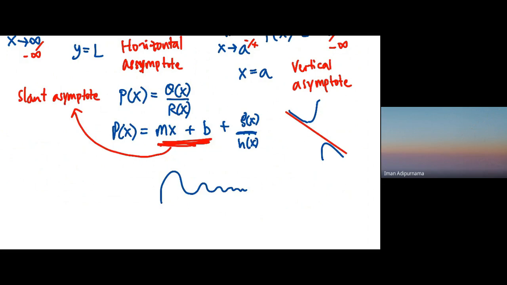And for the slant asymptote, looking at it one way, sometimes it's crossing, but the other way, it never touches. Sometimes you can see both cases. So that is the idea.